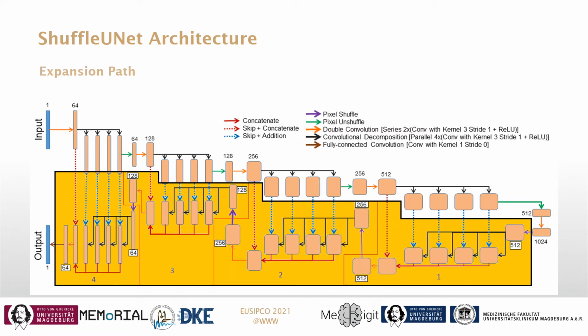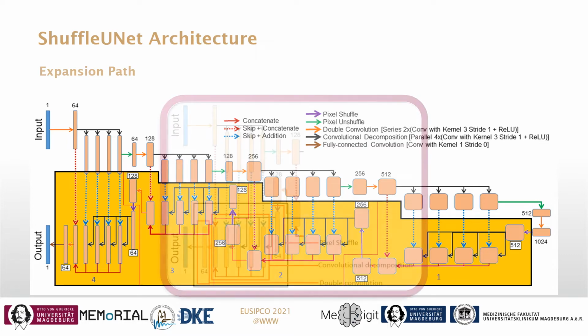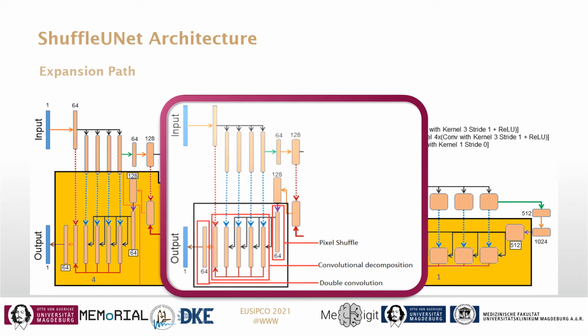And finally, after the latent space, there is the expansion path. This path brings back the original input size from the latent representation. The expansion path contains 4 blocks. Each block contains a pixel shuffle layer, a set of convolutional decomposition operations, and finally a double convolution.